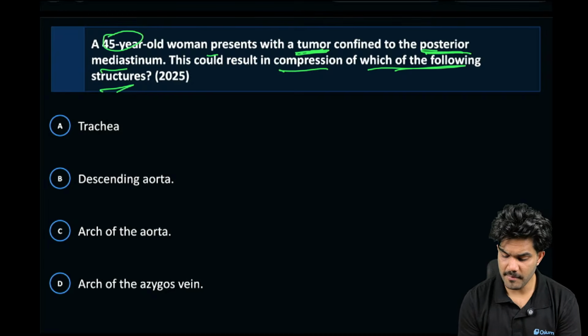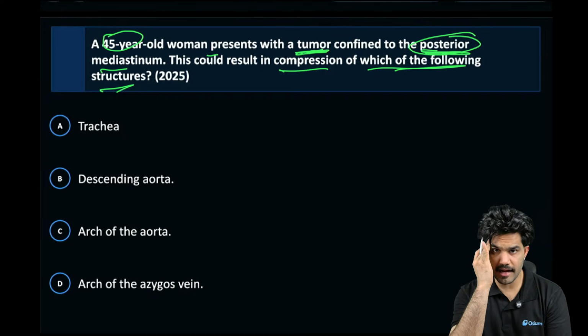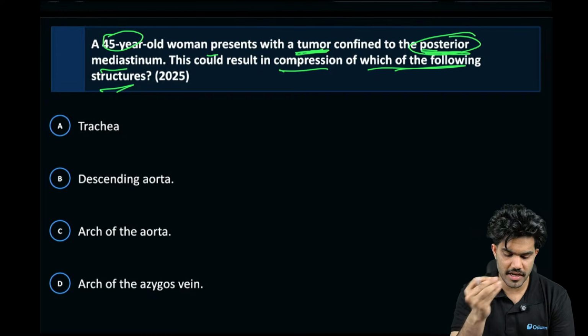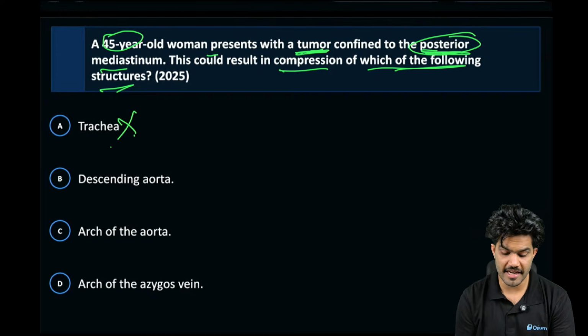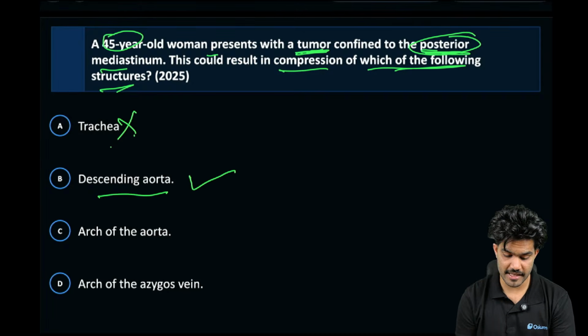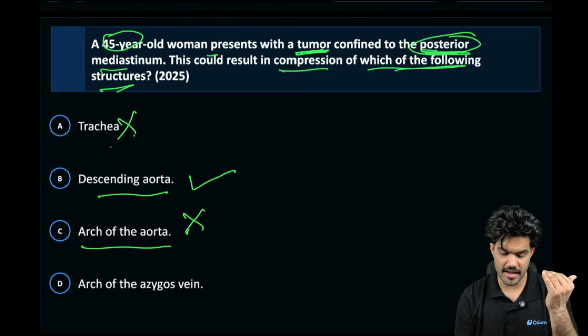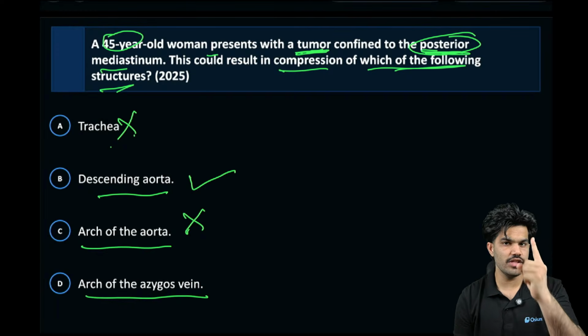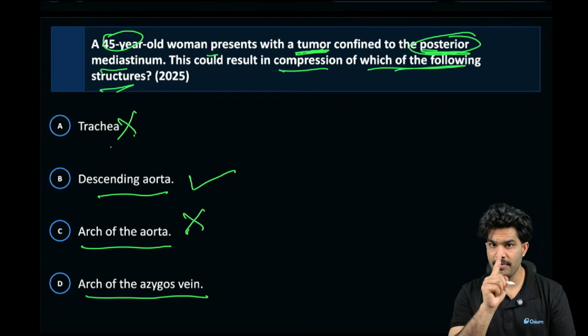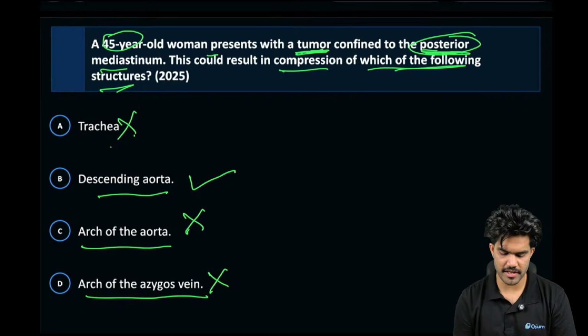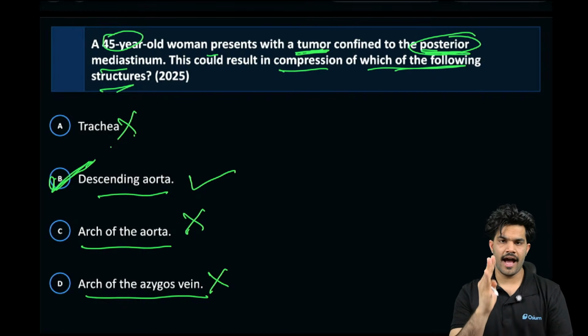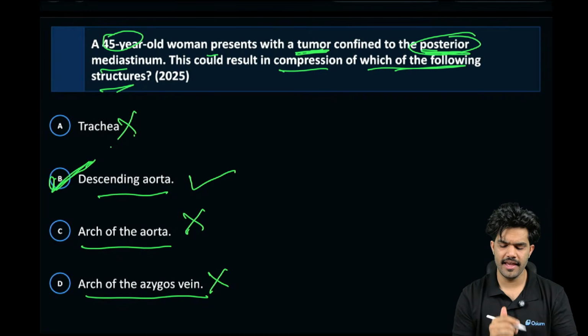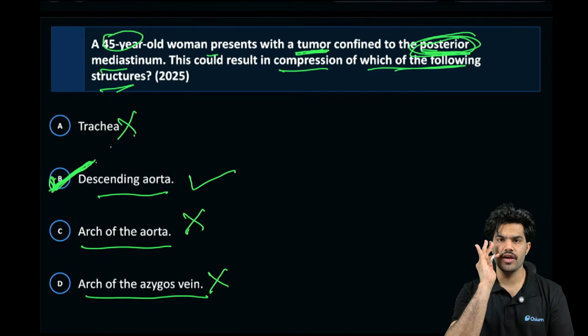Just think about which structure is present in the posterior mediastinum. Trachea? No. Descending thoracic aorta? Yes, maybe. Arch of aorta? Only in the superior mediastinum. Arch of azygous vein? Also not present in the posterior mediastinum. So see how I did this question easily. The one present in the posterior mediastinum will be option B.